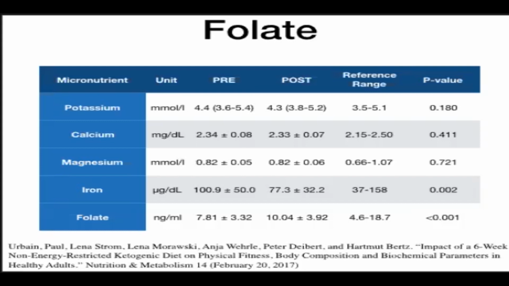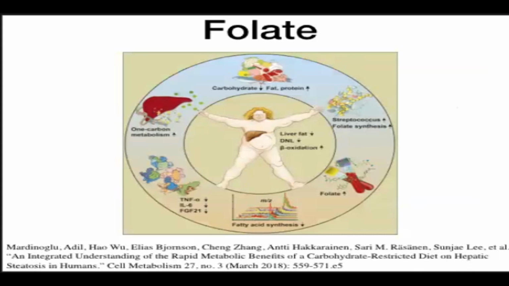But then last year, this study came out. This was actually their picture that they put on it. They were studying fatty liver disease, and they happened to have noticed before they did their study that folate deficiency is highly associated with fatty liver disease. And so they specifically looked at the actions on folate in these ketogenic dieters.